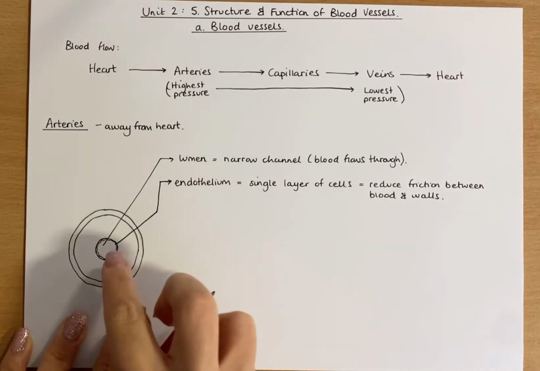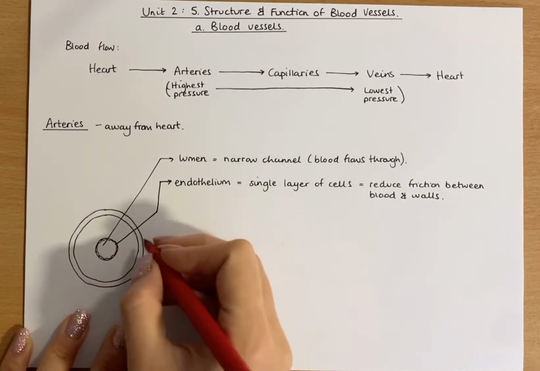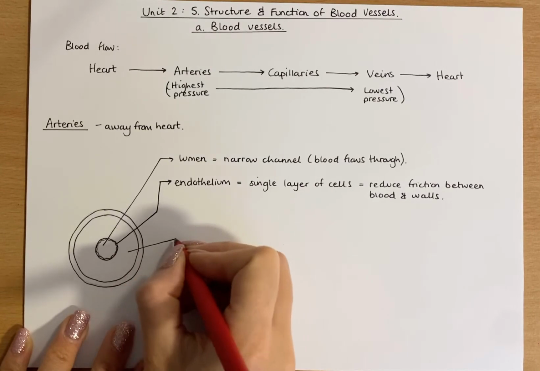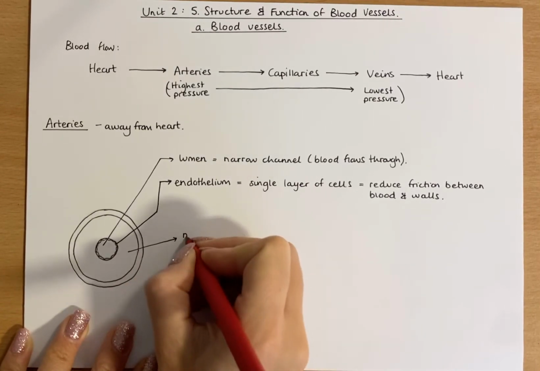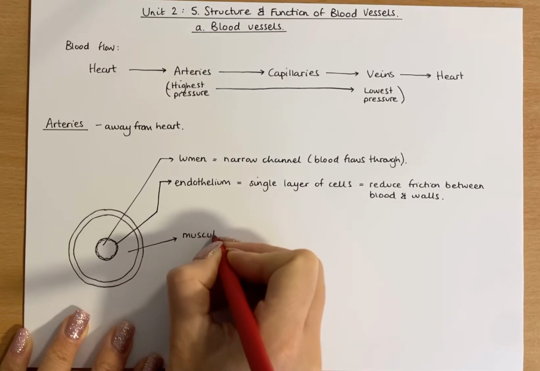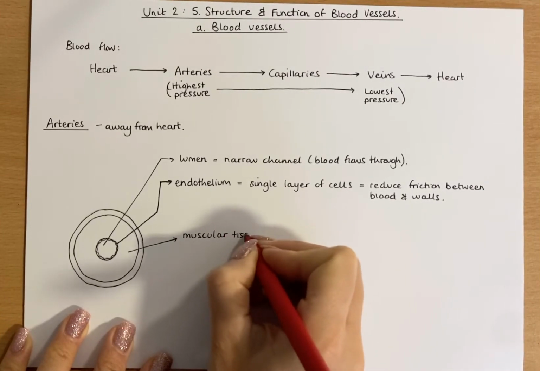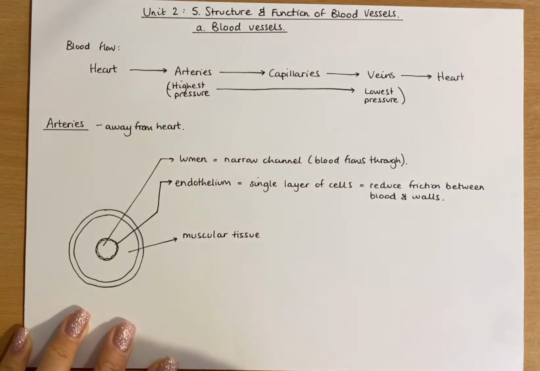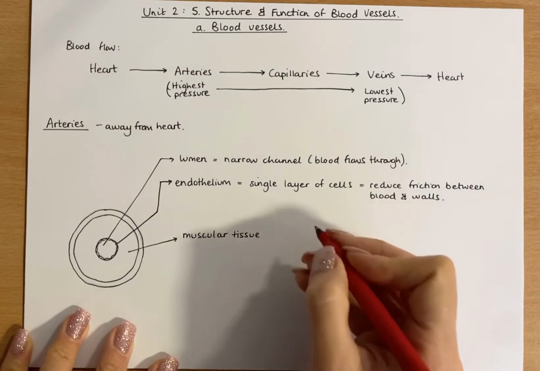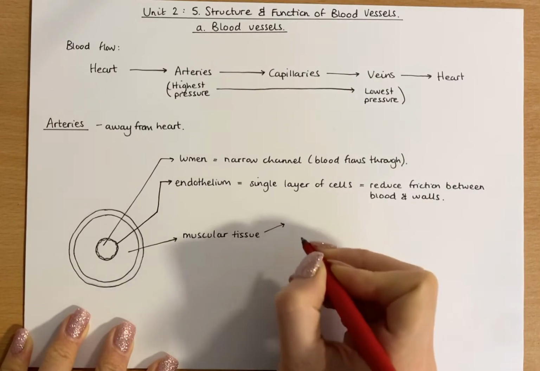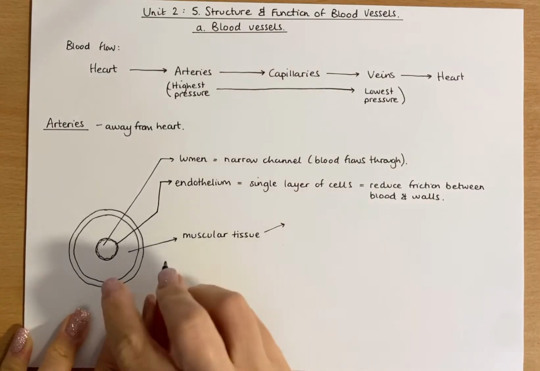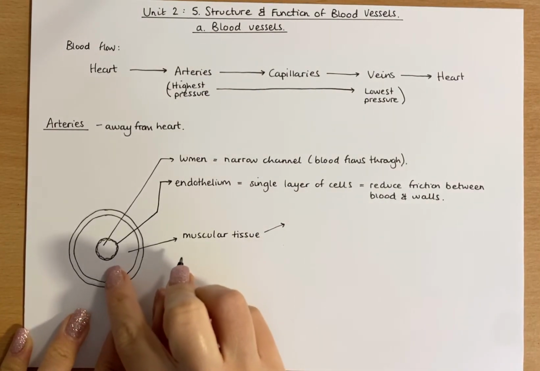The next layer working from the inside out, on top of the endothelium, would then be your muscular layer. Now in arteries, it's not just muscle that's in this layer. I'll come on to what's in it next. But initially, your muscular tissue will be involved in a couple of things. So with any muscle, it can contract. And when the muscle contracts in this layer, it narrows this lumen.